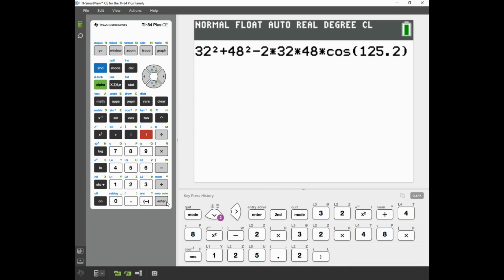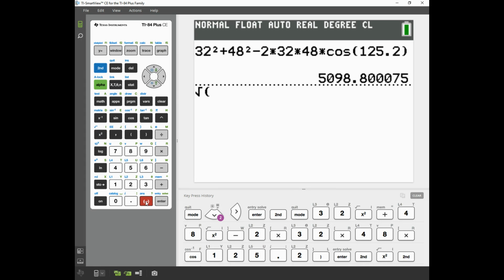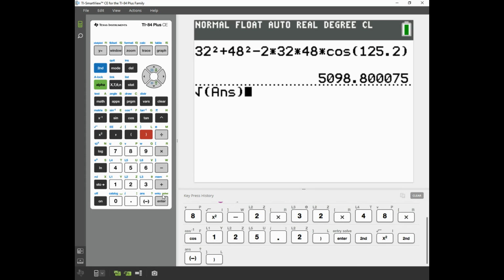Close your parentheses, hit enter. That's the value you get under the radical, and then I'll do second square root, second answer. And that's how I get this value for side length B.